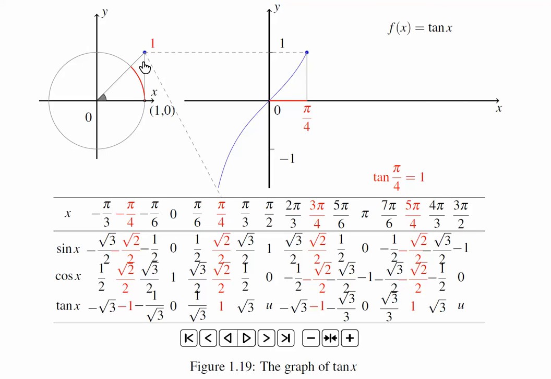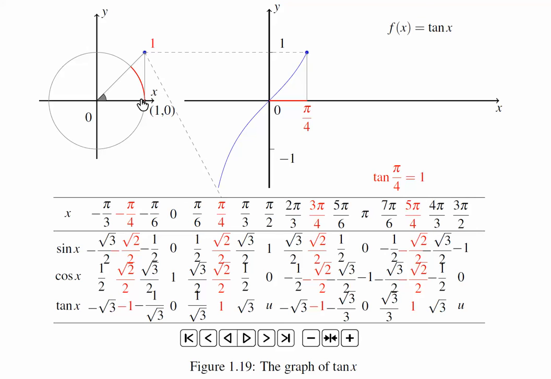Equal angles correspond to equal opposite sides. If here is 1, here will be 1, so this leg will be 1. Then 1 squared plus 1 squared is 2, so this hypotenuse will be radical 2.